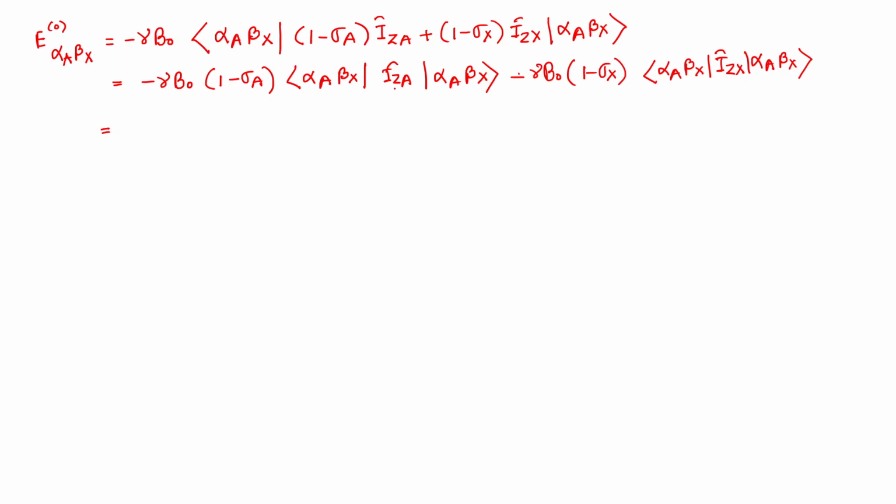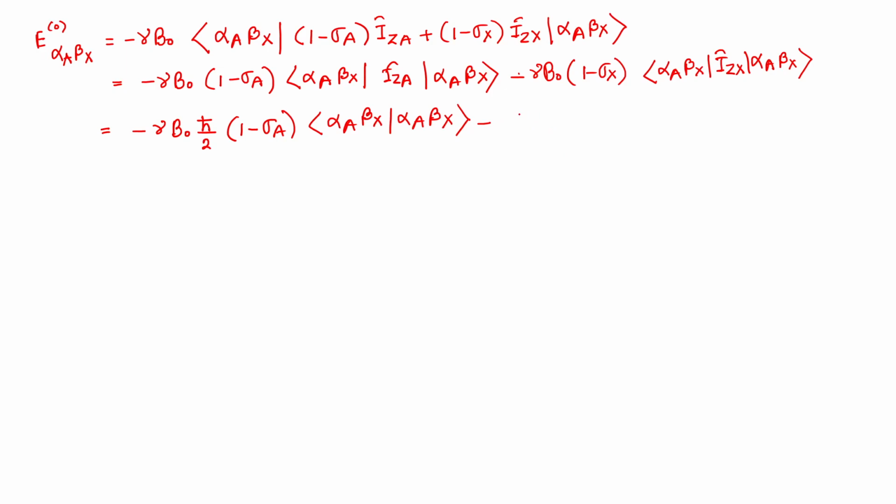So now when Iz A operates on alpha A, that will give me h cut by 2 only. So I will get h cut by 2, 1 minus sigma A, and alpha A beta X, alpha A beta X, right?